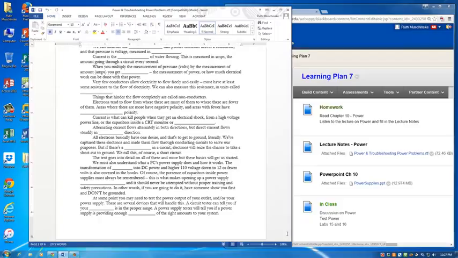The text goes into more detail on all of these, as well as other items, but these basics will get us started. We must also understand what a PC's power supply does and how it works. The transformation of AC, or alternating current, into DC, or direct current, and the higher 110 voltage down to 12 or fewer volts is also covered in the book.